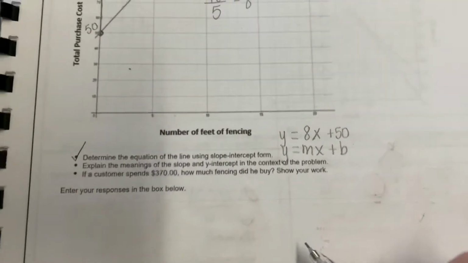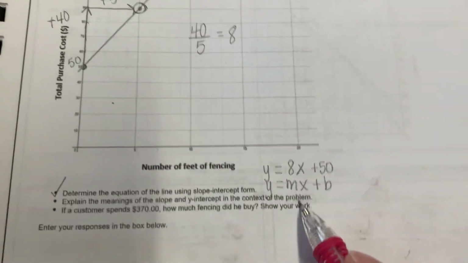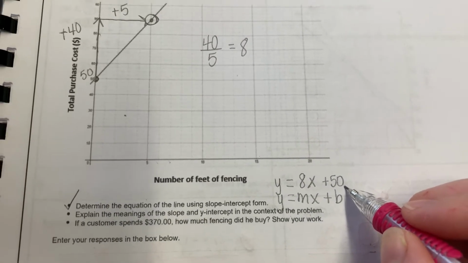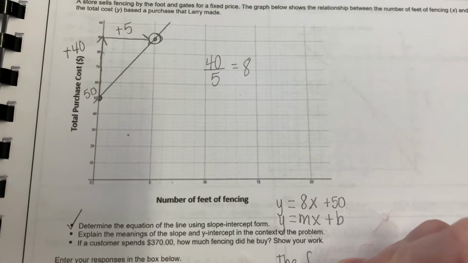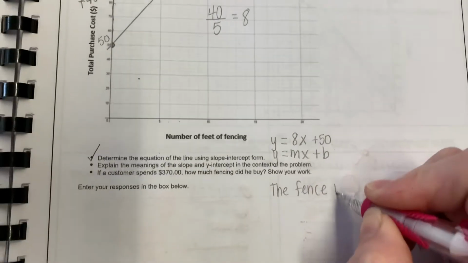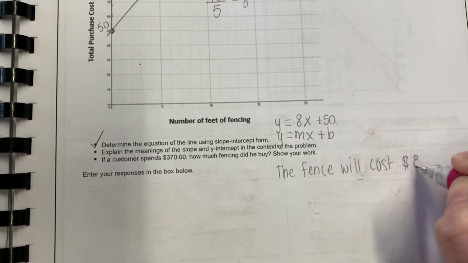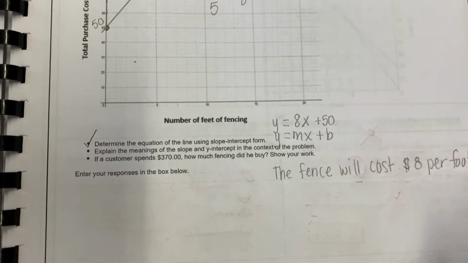For the second bullet, it says, explain the meaning of the slope and the y-intercept in the context of the problem. Okay, so the slope means that the fence will cost $8 per foot.